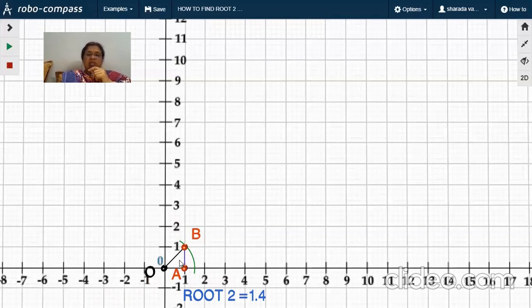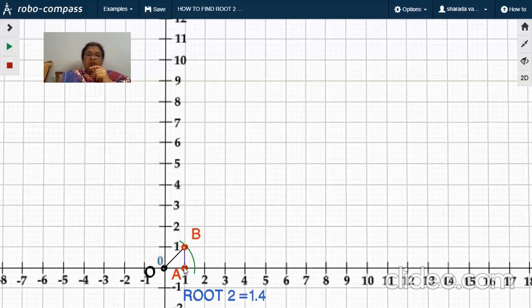So this one you know about the Pythagoras theorem. Here in this triangle we have taken that OA is 1 and AB is also 1 unit. So according to Pythagoras theorem, this OB will be the hypotenuse. This is a right angle triangle, isn't it? So the square on the hypotenuse will be equal to the sum of the squares of the other two sides.